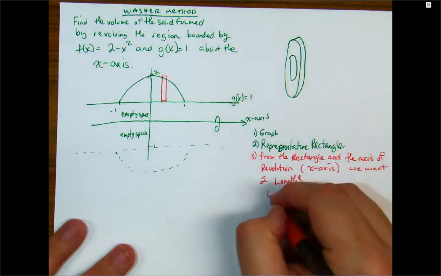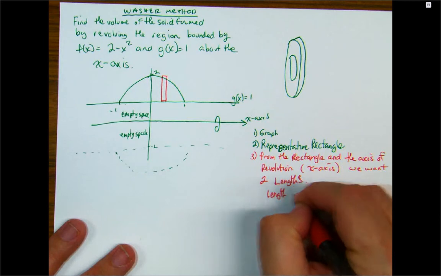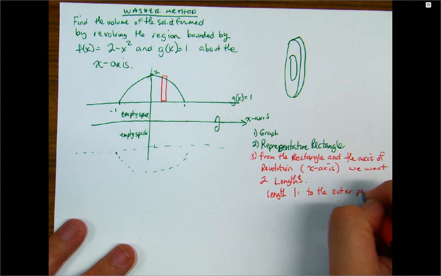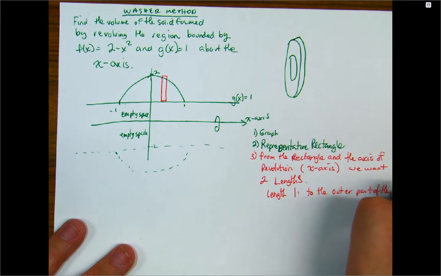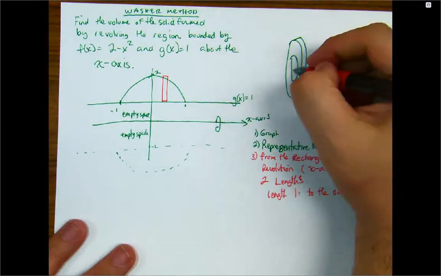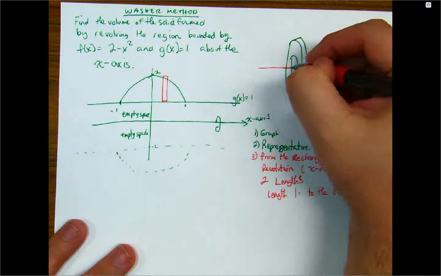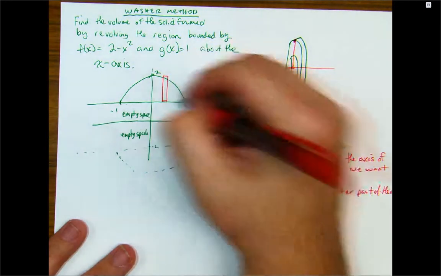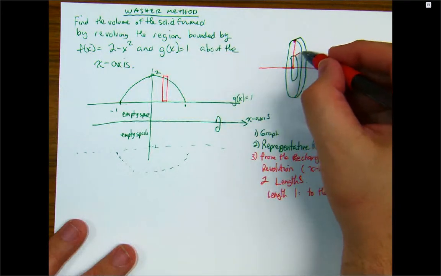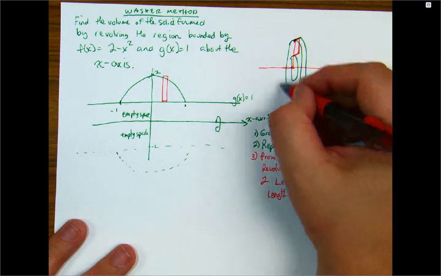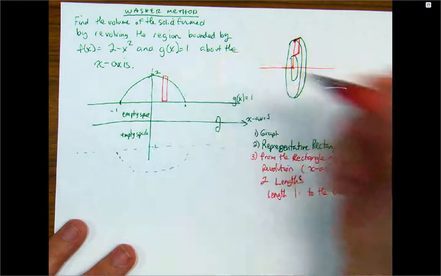Length one. We want to go to the outer part of the washer. Because if this is the axis of revolution, we want to get to the outer part of the washer first. So if there's your representative rectangle that gets rotated all around, what part of the rectangle is the outer part of the washer? The top or the bottom?